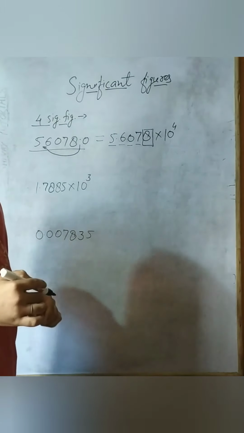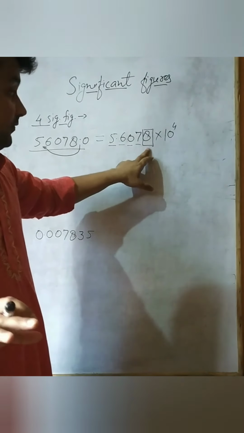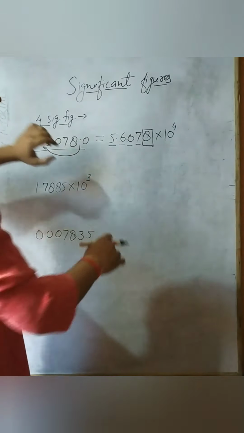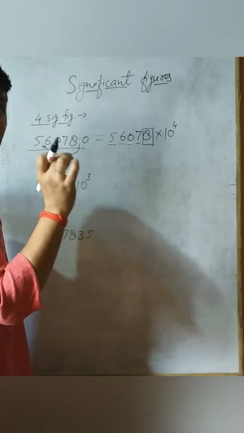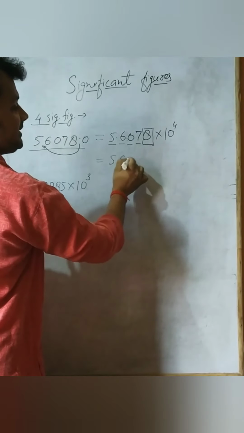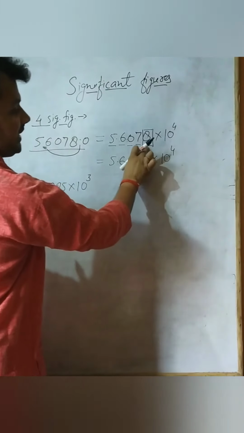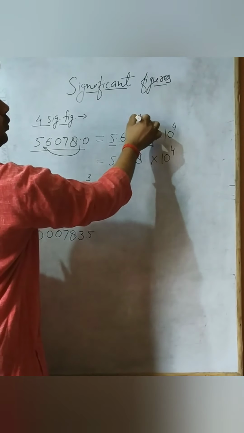So what do we do? The rule is, if the digit which we want to remove from the given number is greater than 5, then the value of the preceding number increases by 1. Means the answer will become 5.608 into 10 to the power 4. This 8 has gone and this 7 has become plus 1.